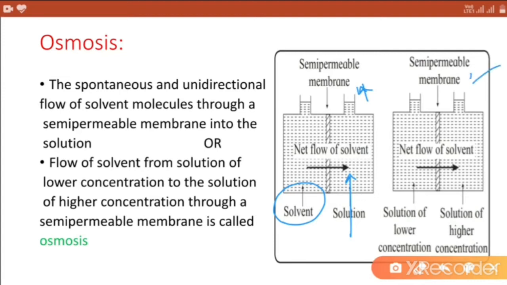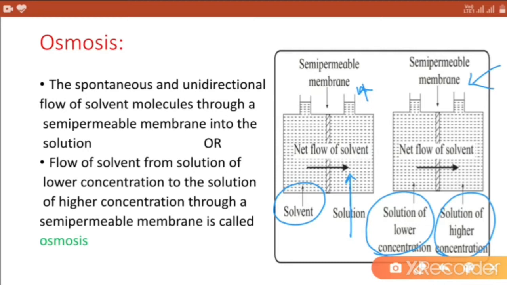In the second diagram, the liquid level of the solution of lower concentration decreases as solvent flows through the semi-permeable membrane to the solution of higher concentration, and so the liquid level of the solution of higher concentration increases.